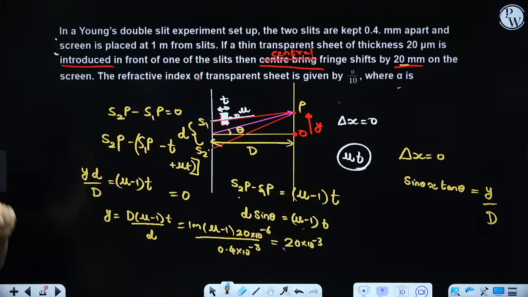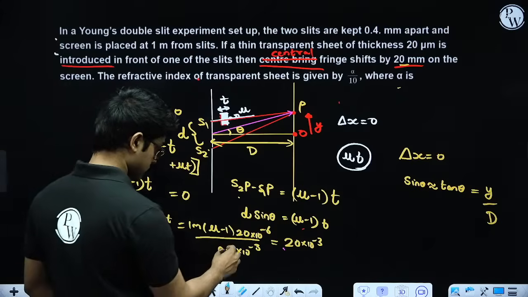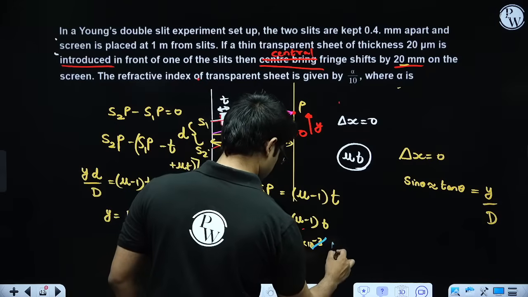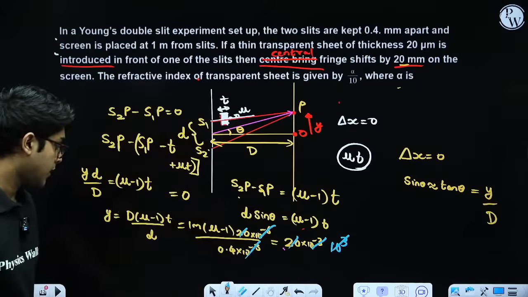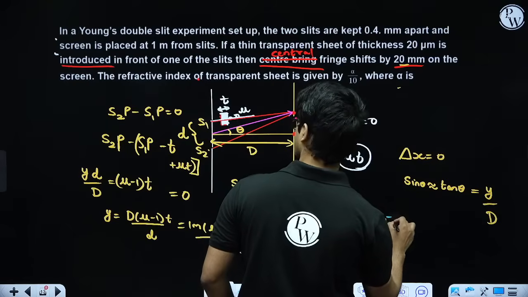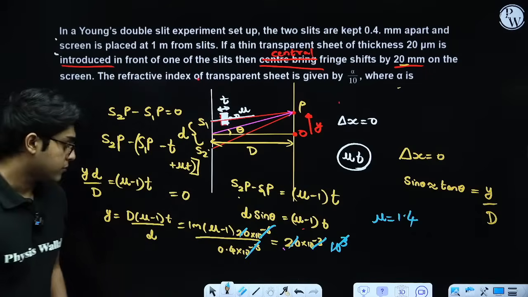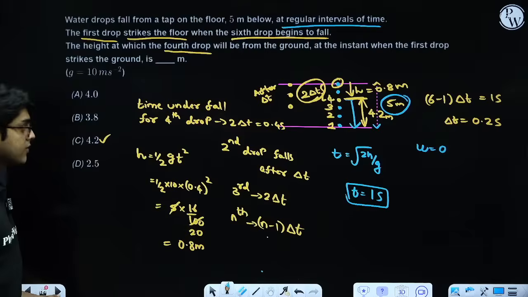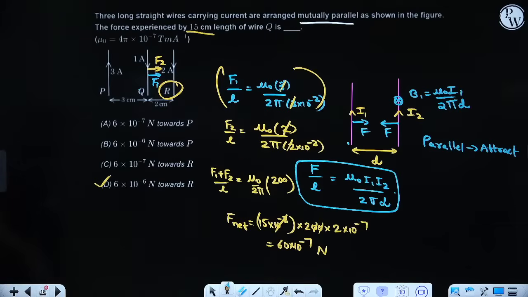Oh, I guess you're asking about this one. I guess it is 1.4 maybe. 0.4 plus 1, 1.4 I guess. Okay, so yeah. Alright, so moving on.